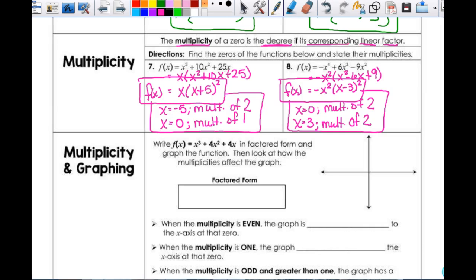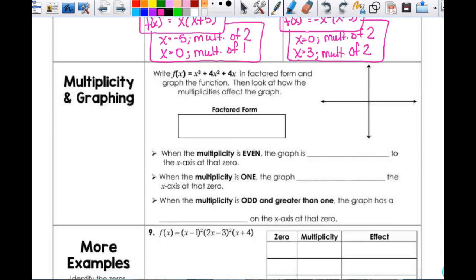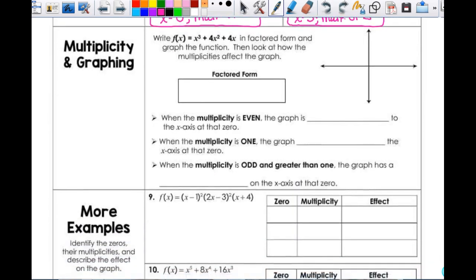So let's talk about the multiplicity and the graphing, which we've already kind of been introduced to. So we want to write f of x equals x cubed plus 4x squared plus 4x in factored form, and graph the function, then look at how the multiplicities affect the graph. All right, so I'm going to rewrite the expression over here. I got x cubed plus 4x squared plus 4x.